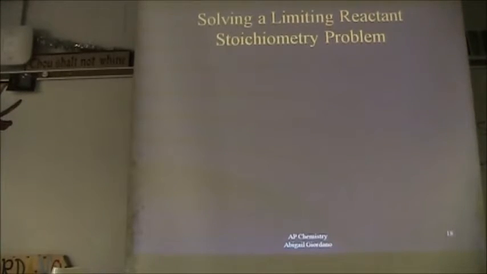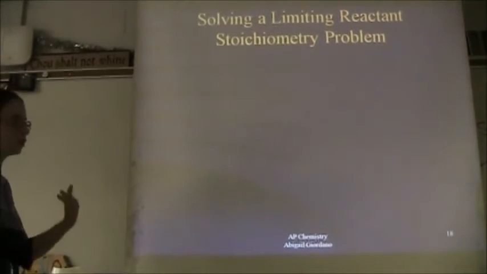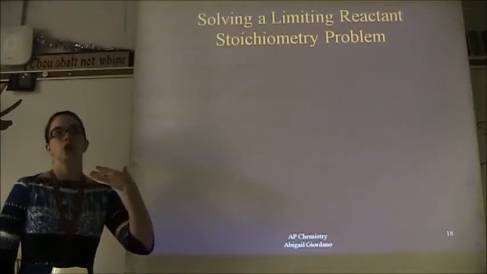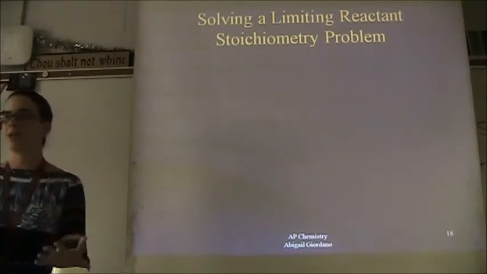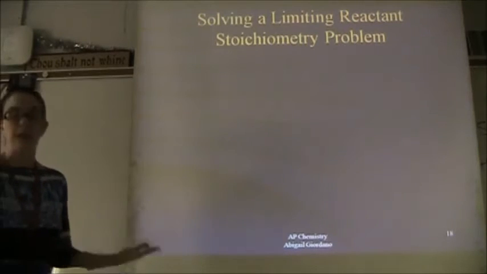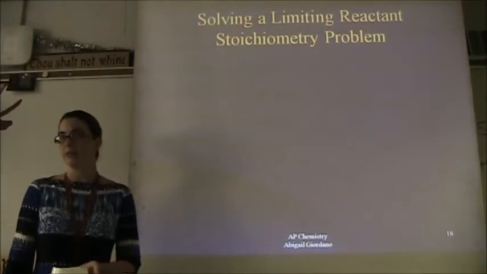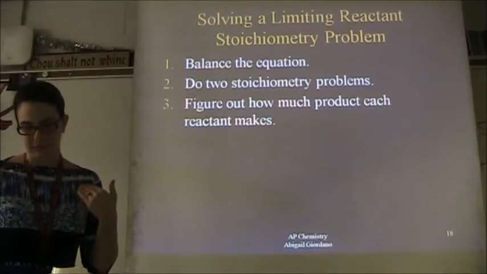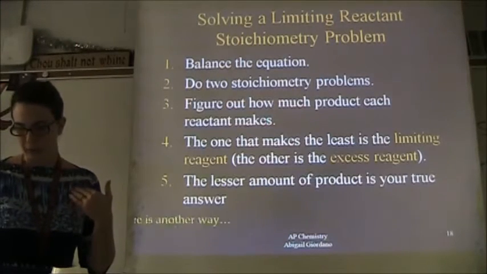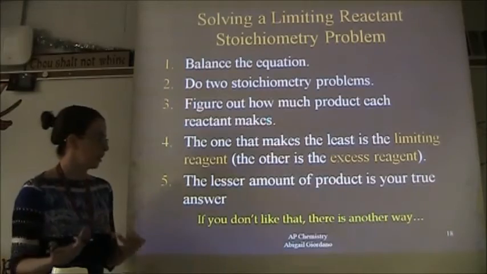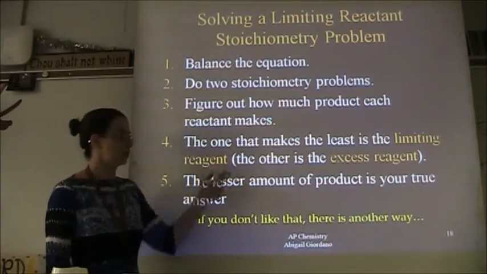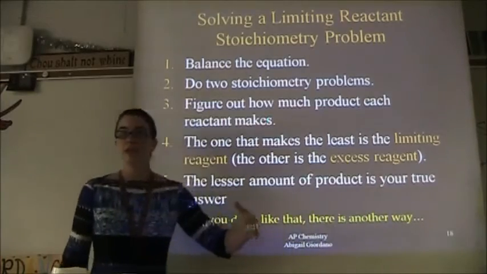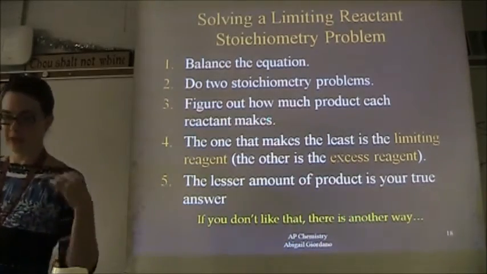However, I'm going to go over a certain method with you that I personally think is the most useful method in an AP situation. It may be how you learned it, it may not, okay? Please don't write this all down, okay? We're going to go through an example problem together. And as I said, if you don't like this method, that's totally fine. There is another way, all right? And we can look at that if we have some time.